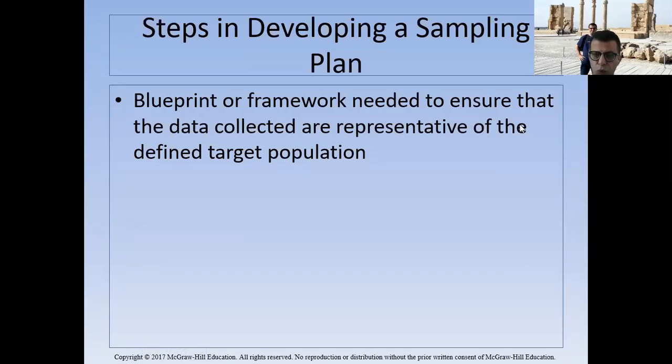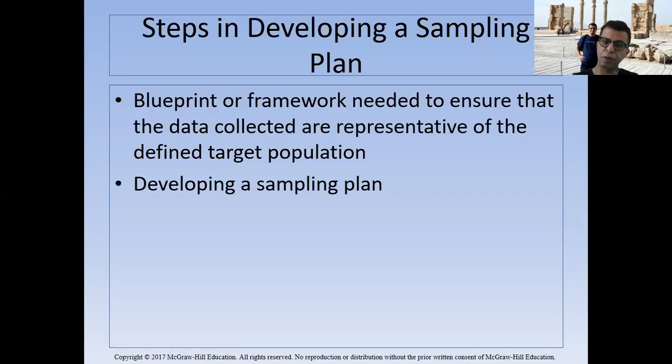So if we are trying to see how many white ethnic people eat Indian food, we want to make sure that we are asking white ethnic people. So we ensure that the data collected is representative of the defined target population.